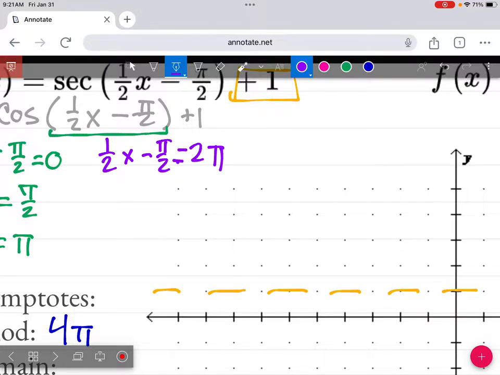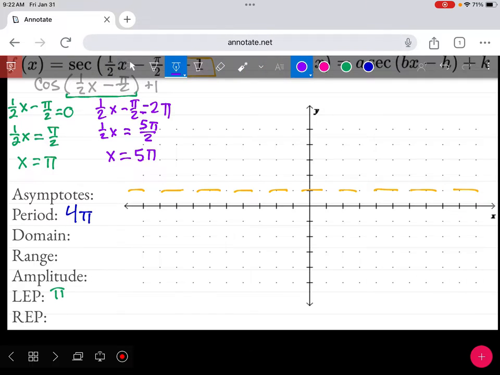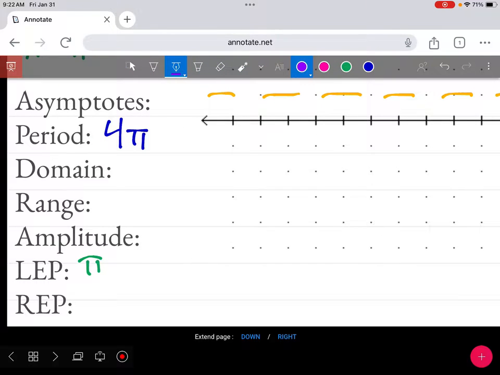So again, we're going to add our pi over 2. So 2 pi plus pi over 2, so 4 pi over 2 plus pi over 2, and have our 5 pi over 2. So our right endpoint is at 5 pi. You could also take our left endpoint and add our period length to get there, but our right endpoint is going to be at 5 pi.